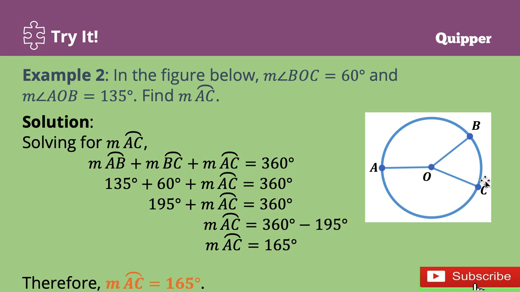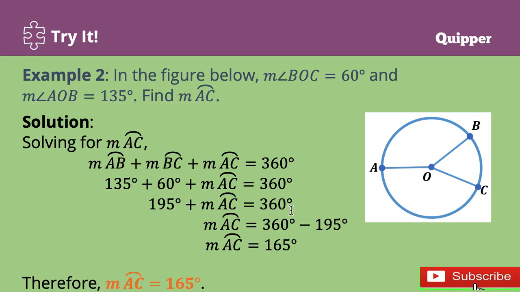Now solving for the measure of arc AC, substitute the values for arc AB, that is 135 degrees, and for arc BC, 60 degrees. We don't know yet the measure of arc AC, so let it be unknown. 135 plus 60 degrees is equal to 195 degrees, plus the measure of arc AC is equal to 360 degrees.